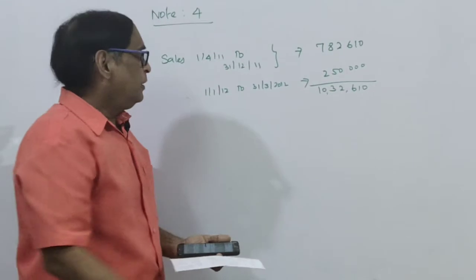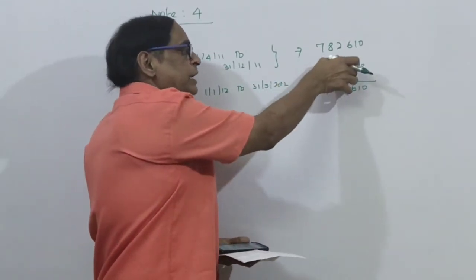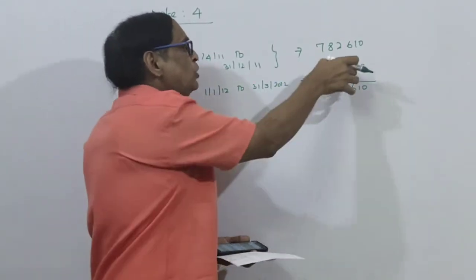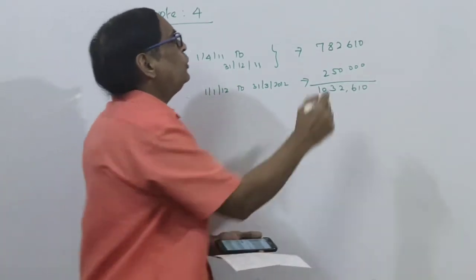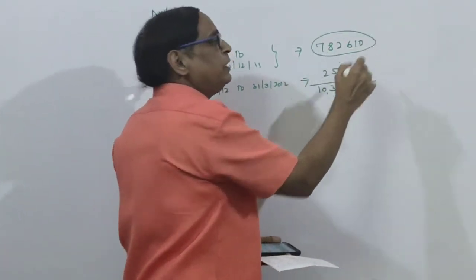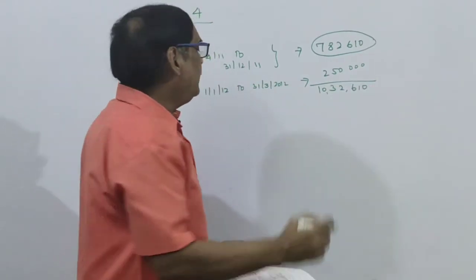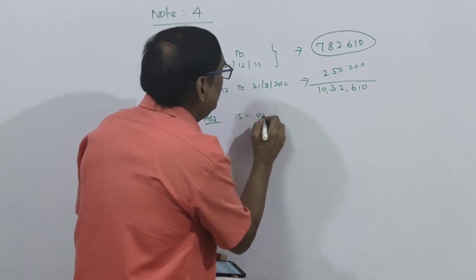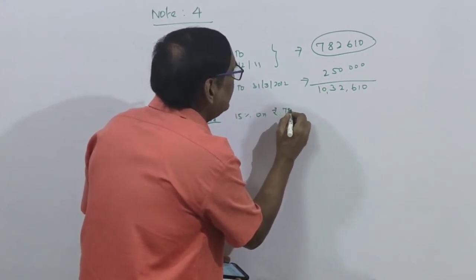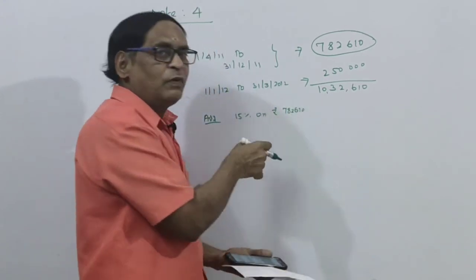But the 15% upward trend is already impliedly included in the 2,50,000, and it is not included in the other figure. So we have to calculate the upward trend of 15% on rupees 7,82,610, which is the sales for 9 months.